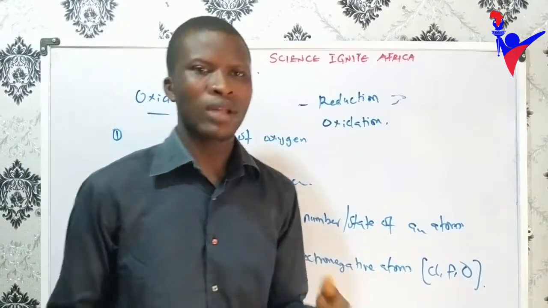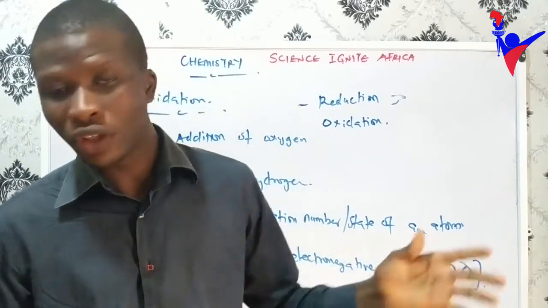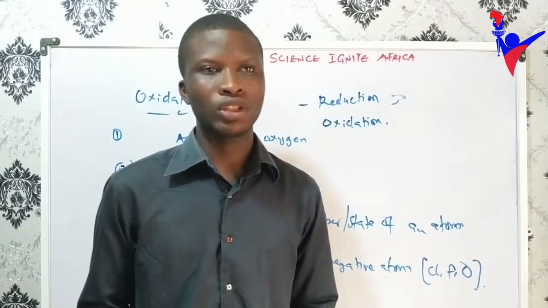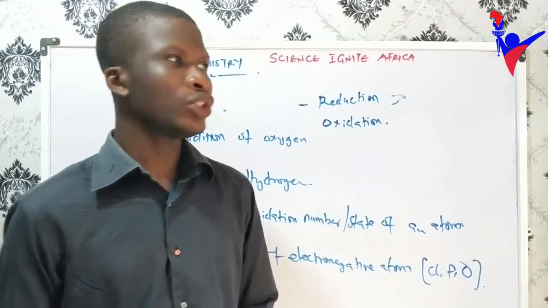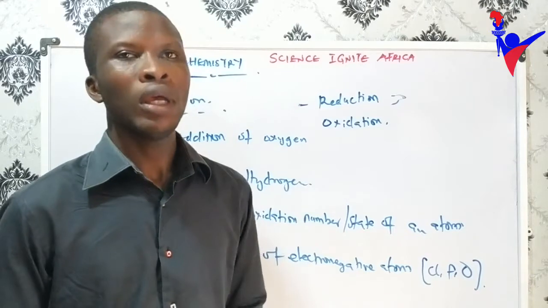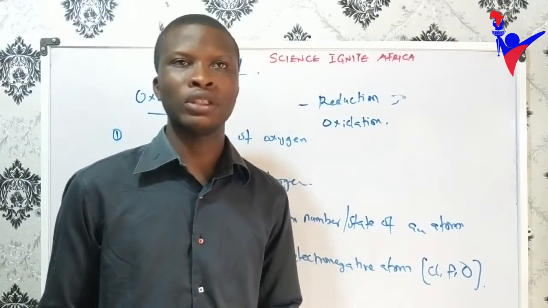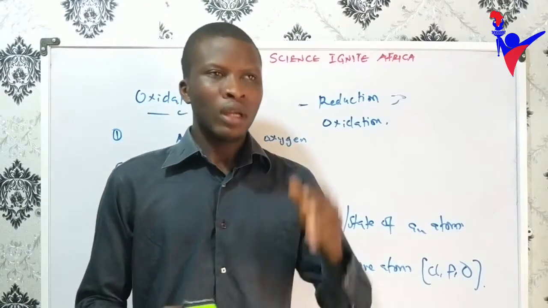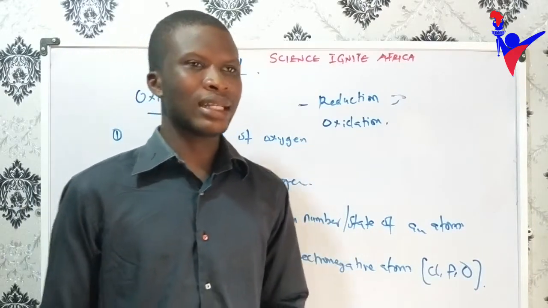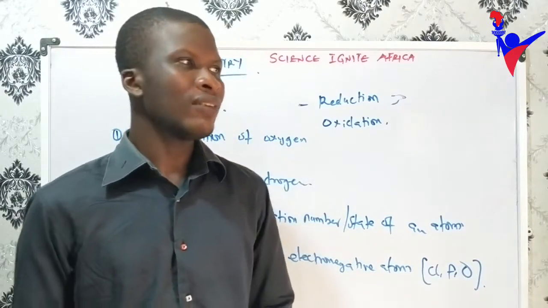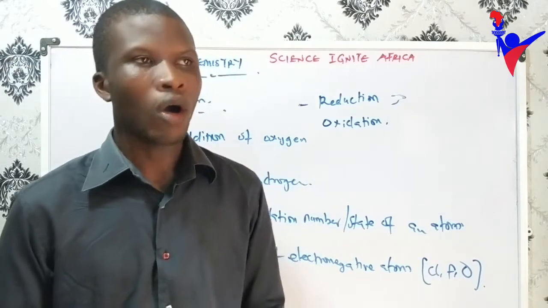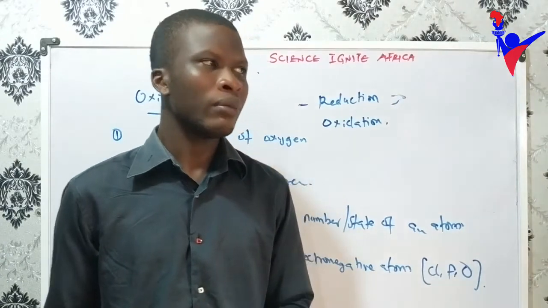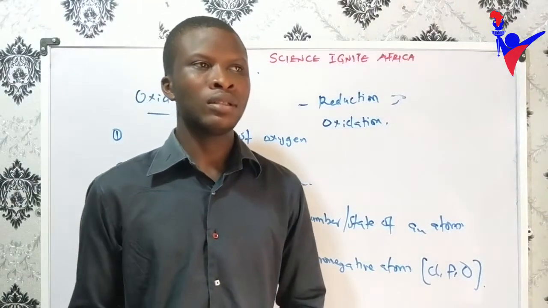Alright, now when we are talking about balancing redox reactions, one thing you must know is that you have to pay very good attention to the medium in which the reaction is taking place. What exactly do I mean by the medium? The medium is the environment, and this environment can either be acidic or basic.